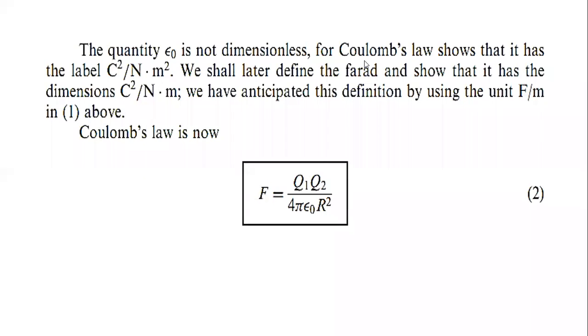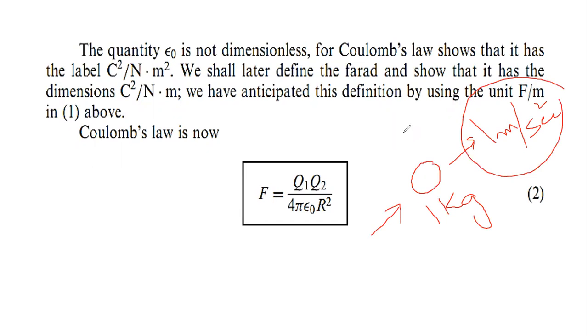Let's suppose we have a mass of 1 kilogram and an acceleration of 1 meter per second square is produced in this mass. The force required to produce this acceleration in a mass of 1 kilogram will be 1 Newton.